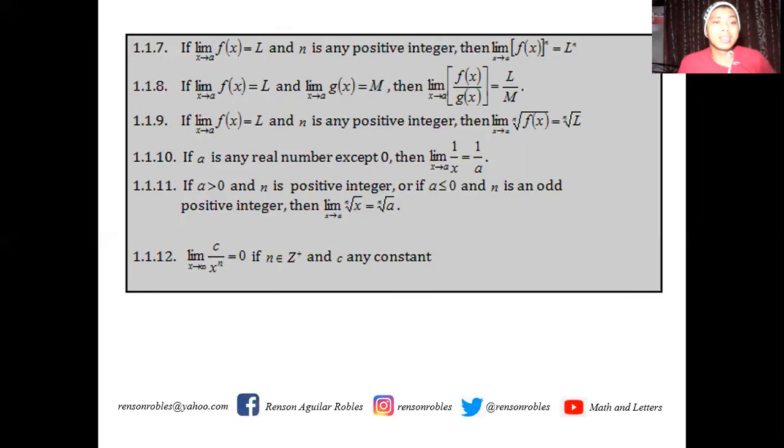This theorem can easily be understood by using the function f of x is equal to, say, 1 over x. Geometrically speaking, the function 1 over x can be thought of this way.